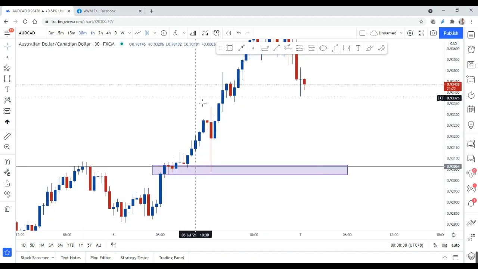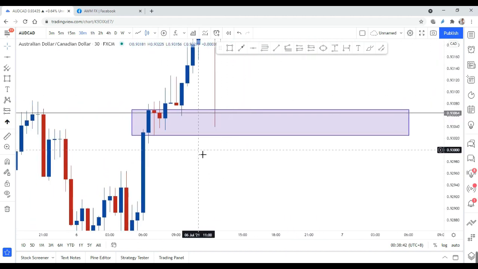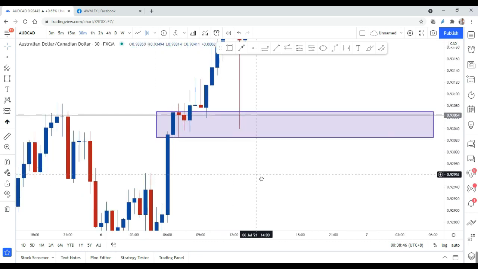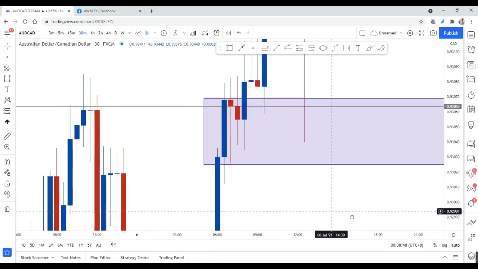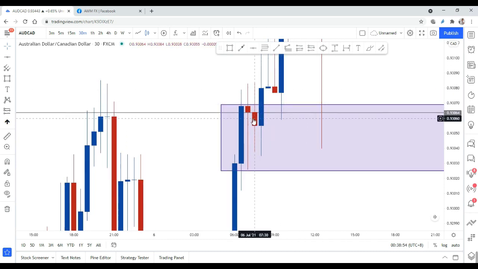So how are you going to sniper? Same thing. Go into a smaller time frame. The first time frame you go to is the M30, and you see there is this pattern. By the way, this is not really that fresh because it's been tested. So what is this pattern over here? This pattern is called bullish engulfing.